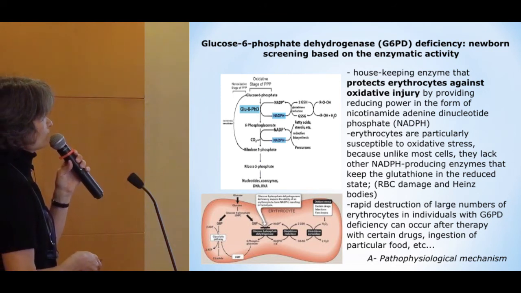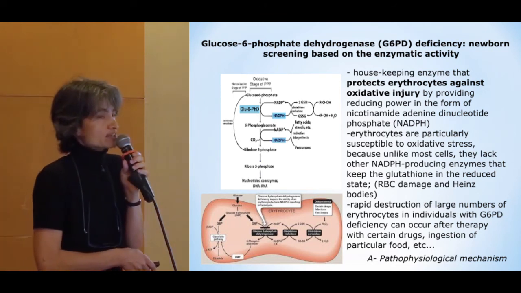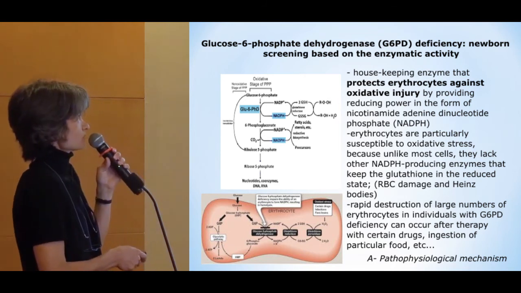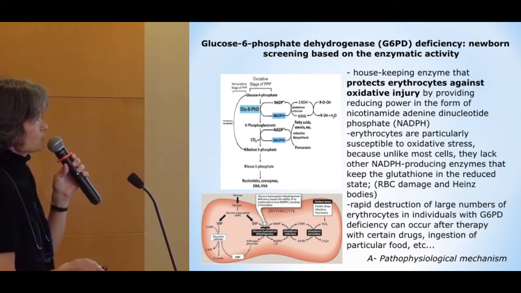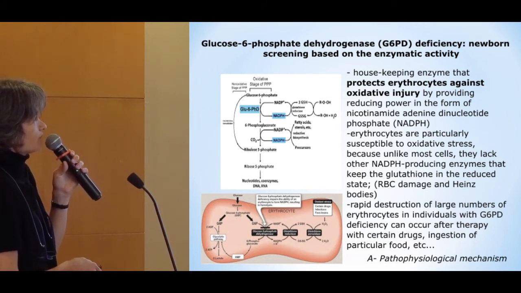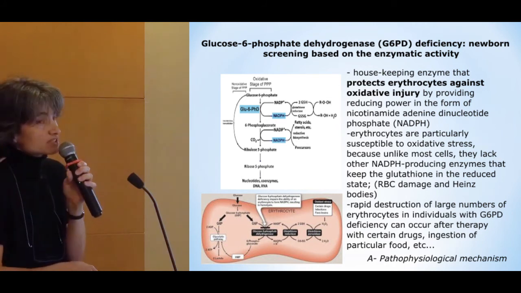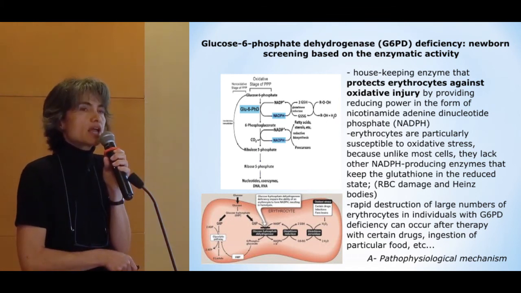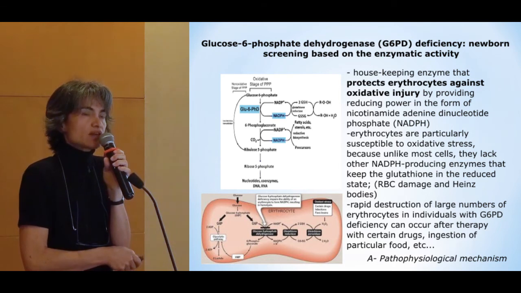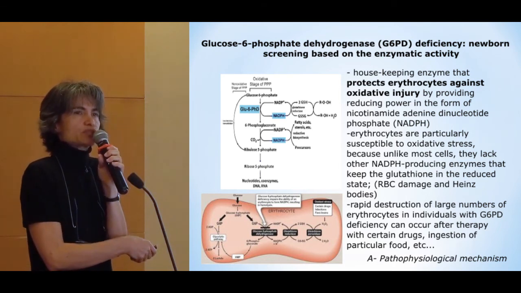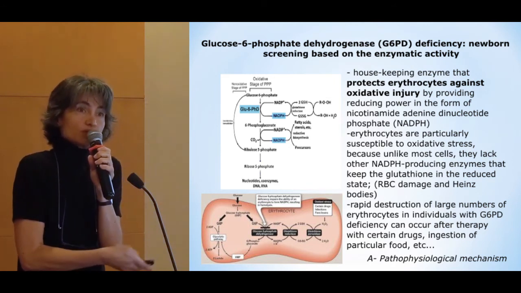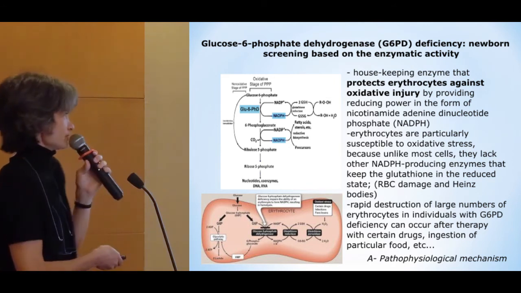Okay, glucose 6-phosphate dehydrogenase is an enzyme that protects erythrocytes against oxidative injury, and it's particularly important in erythrocytes because, unlike other cells, red cells only have this enzyme to keep their inner environment in the reduced state, okay?